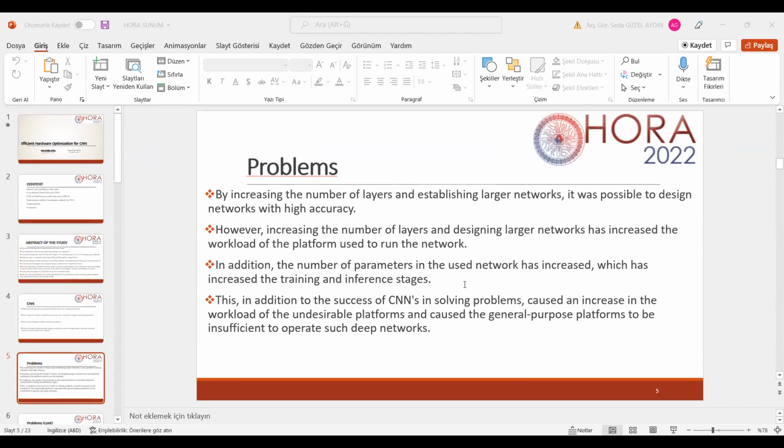By increasing the number of layers and establishing larger networks, it was possible to design networks with high accuracy, but this increased the workload of the platform used to run the network. In addition, the number of parameters has increased, which has increased the training and inference stage. This, in addition to the success of CNNs in solving problems, caused an increase in the workload of the platforms and caused general purpose platforms to be insufficient to operate such deep neural networks.